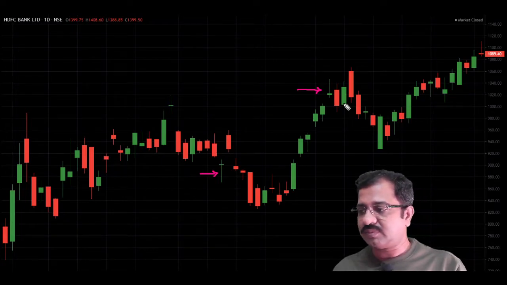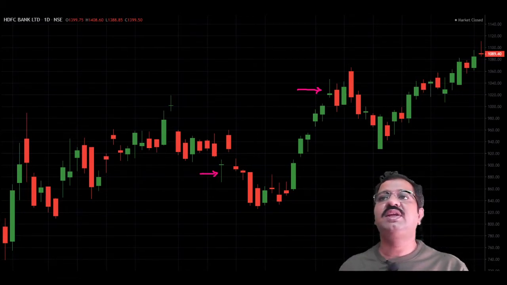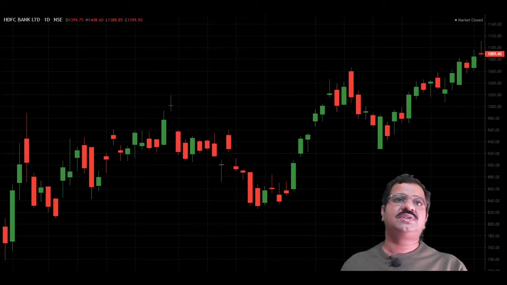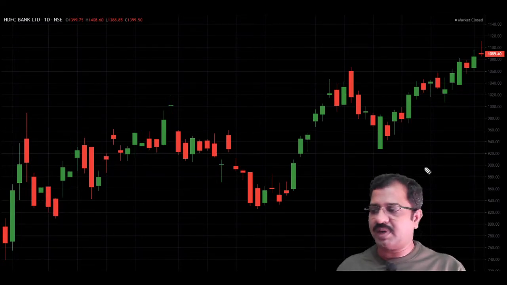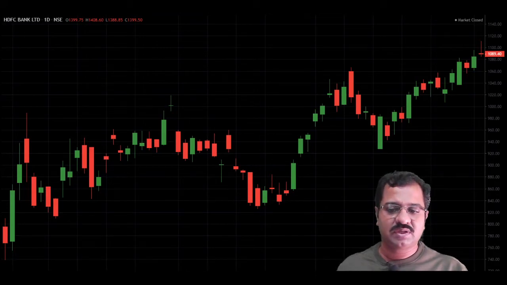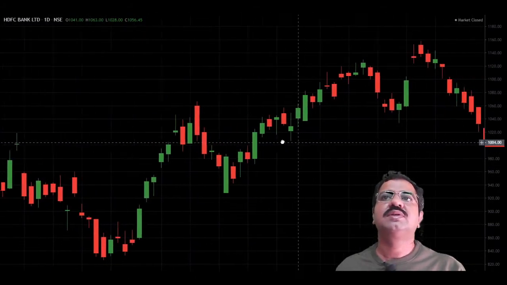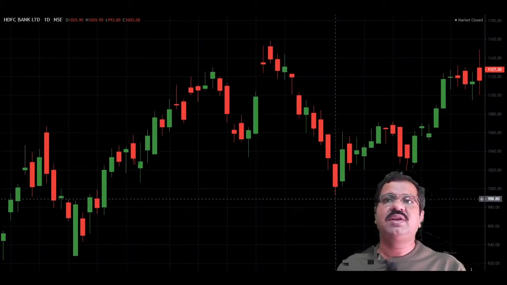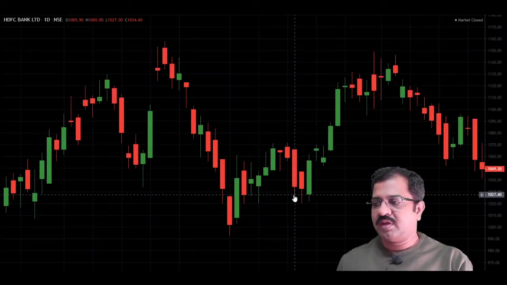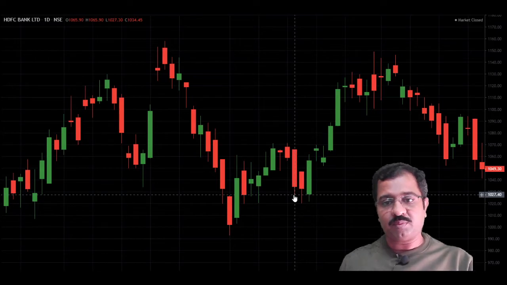Now, these were one-candlestick patterns. Next we will see three-candlestick patterns, and the first three-candlestick pattern is the evening star pattern. See, if prices are going up and this pattern forms, then it is a probable reversal. The evening star is a three-candle pattern and generally forms at the top of the swing.